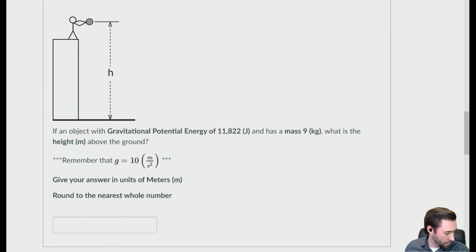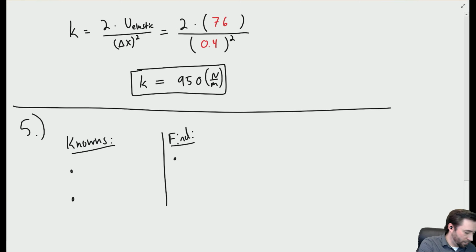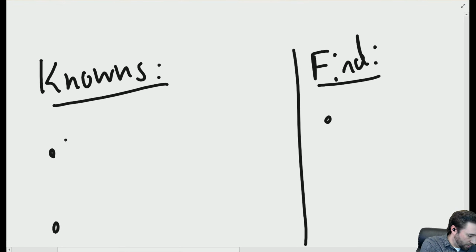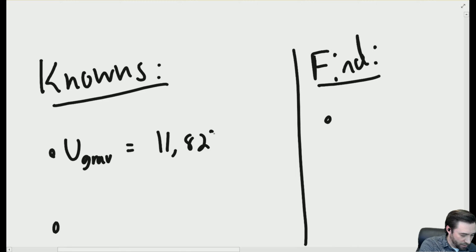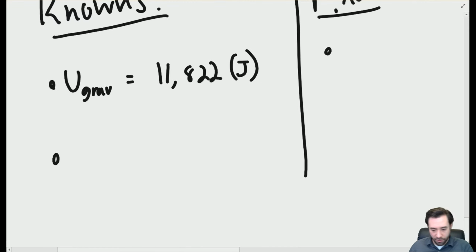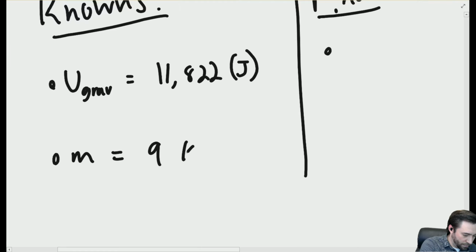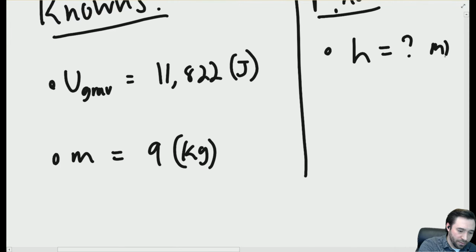All right, 11,822. So I have Ugrav 11,822 joules and has a mass of 9 kilograms. And it's asking for the height in meters.